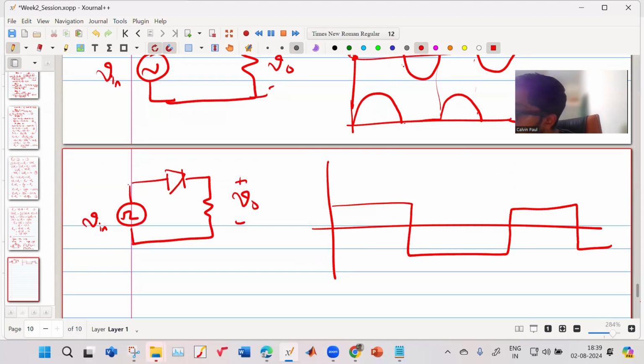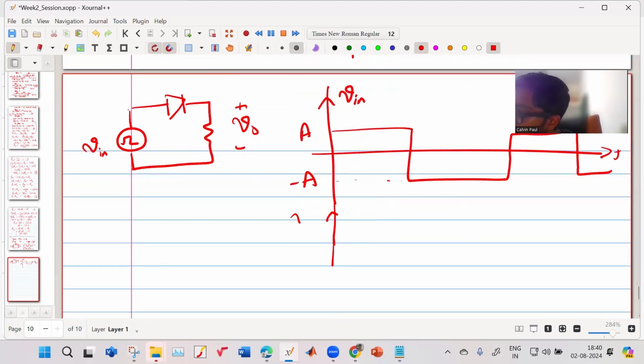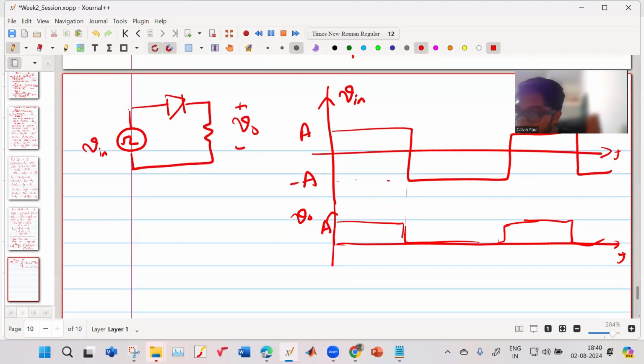Suppose the magnitude is A. This is A, then this will be minus A. And this is my V input. My V output will be given like this. 0 when it is negative. Again it is positive. Again 0. So this magnitude is A. This magnitude is also A.